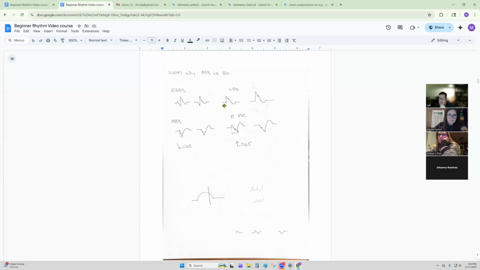Where left PVCs, again, you can have a little negative septum dip, but usually it's straight up off the baseline, slur on the downward stroke. It's going to be grossly wider into a negative T wave. Where with a right bundle branch block, it's going to have a significant negative dip first. Are the PVCs going to always have like notching on the right side or the left?